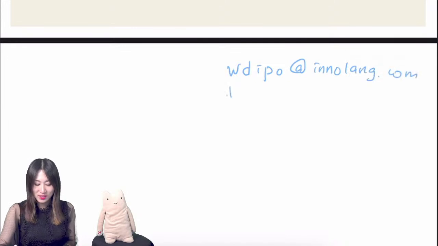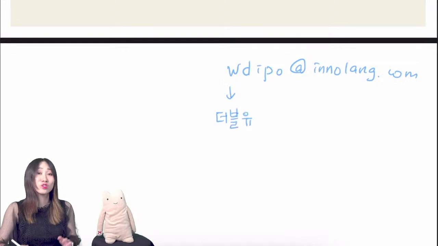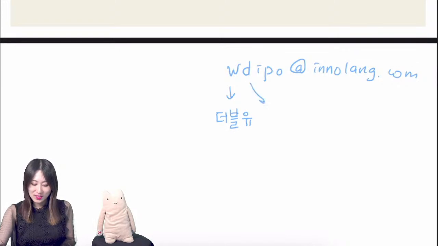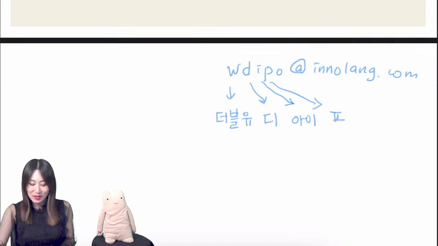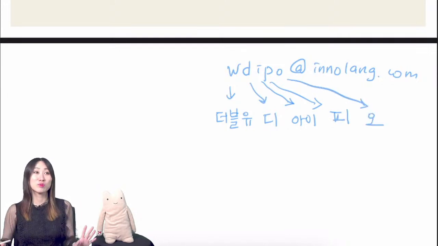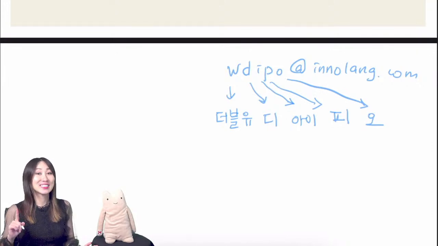So this is W, this is T, this is I, this is P, this is O. So this is how Korean people read it. W, T, I, P, O.